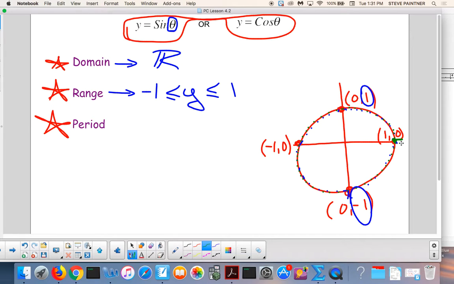So when did it start repeating? No, it took a complete circle to repeat. So you are right, Emma, you said 360, but I'm gonna say what? You will start repeating all your answers after you make a complete circle. 2 pi. Did you remember that from last year?